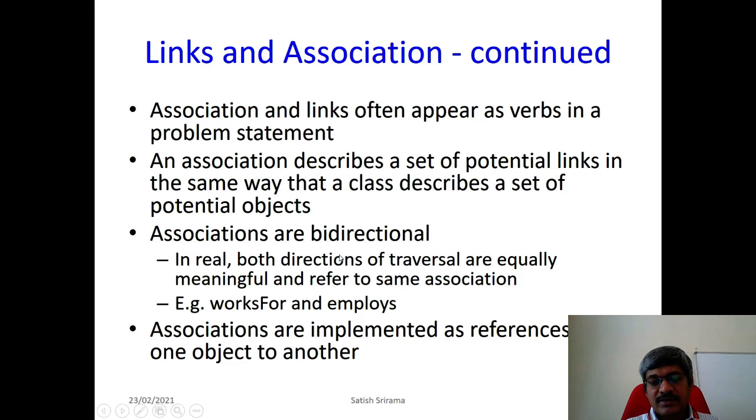Both directions of traversal are equally meaningful and refer to the same association. In the earlier example, a person works for a company, and from the other end, a company employs a person.